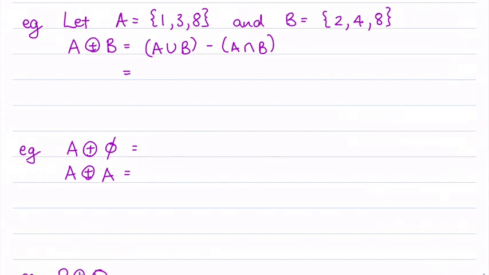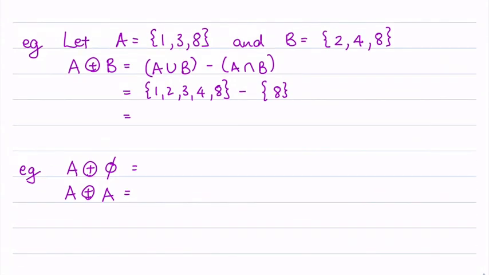A union B is going to be 1, 2, 3, 4, and 8. And the intersection of A and B is going to be 8. So our symmetric difference is going to be 1, 2, 3, and 4.